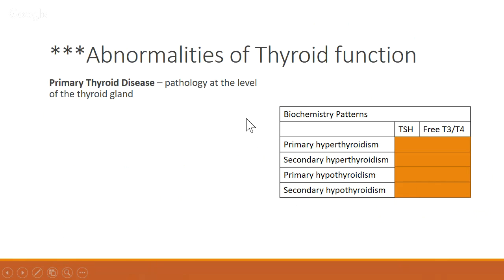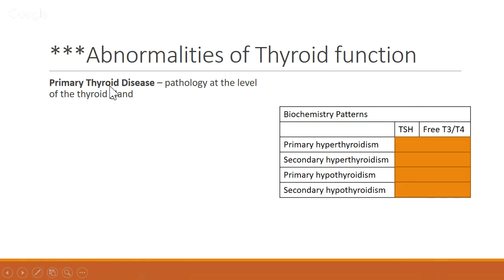When we're talking about thyroid hormone, there's only going to be two pathologies: hyperthyroidism or hypothyroidism. However, whether the hormone is hyper or hypo just refers to the free hormone. So oftentimes there may be confusion about the location of the problem.